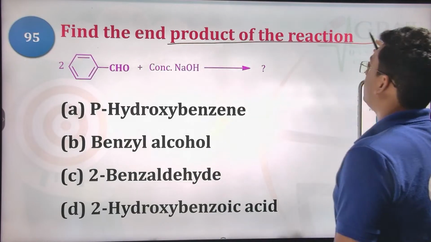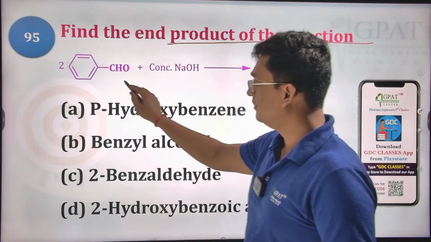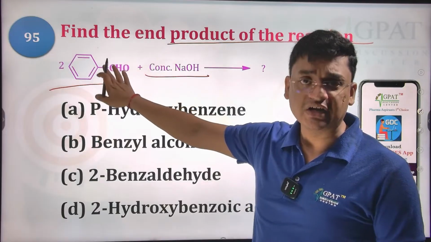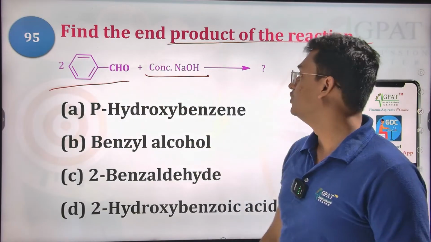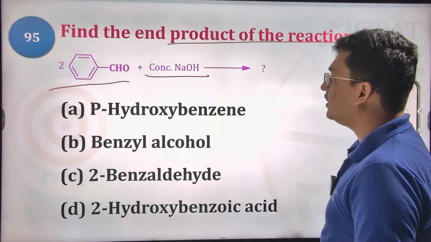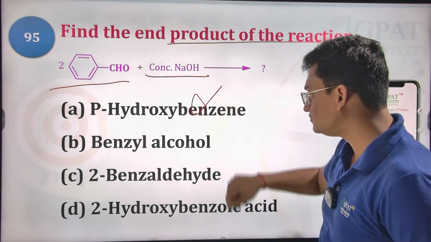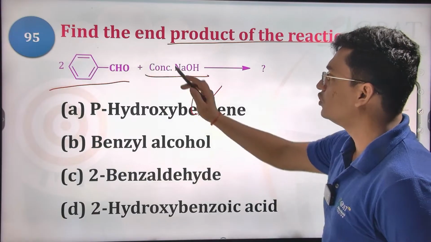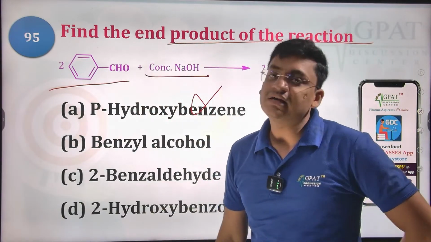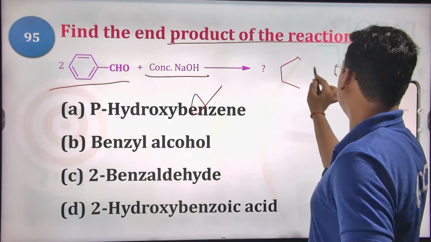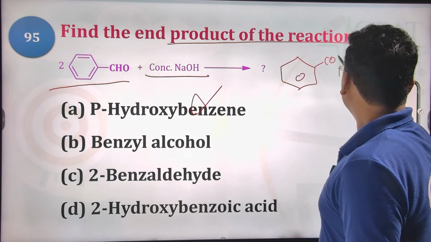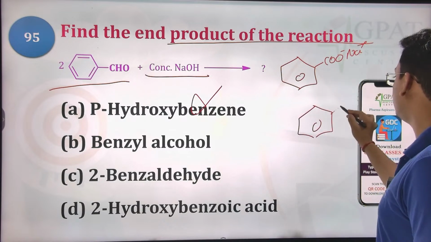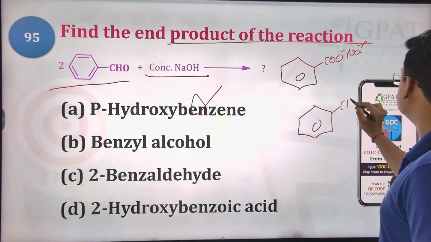Find the end product of the reaction. We have benzaldehyde in the presence of concentrated NaOH. We do not have any alpha hydrogens with this carbonyl group. So in the presence of NaOH, this benzaldehyde gets converted into COO- Na+, the oxidized form, and the reduced form, that is having CH2OH.